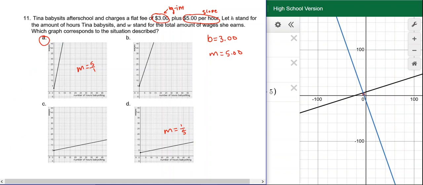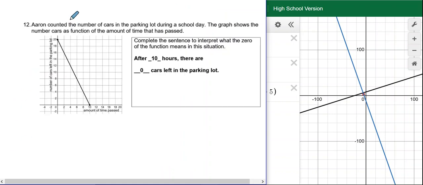All right, and then the last one. Aaron counted the number of cars in the parking lot during a school day. The graph shows the number of cars as a function of the amount of time that has passed. Complete the sentence to interpret what the zero of the function means. Now you know that the zero of a function is always the x-intercept.